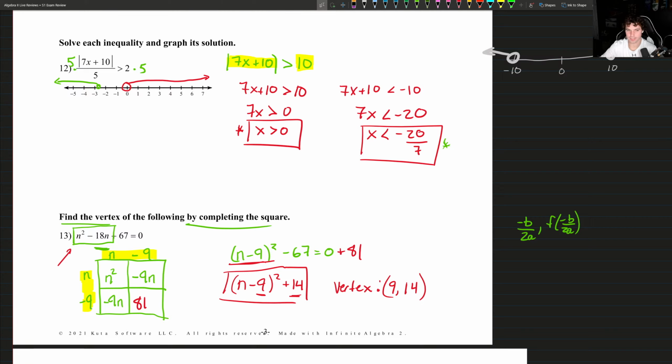Will the last 4 problems be on the test? Yes, they will be on the test, just like the practice test.